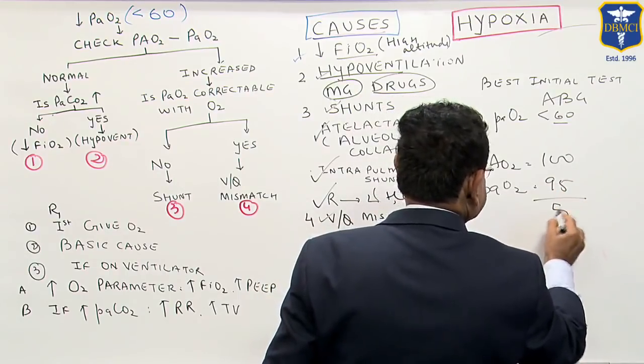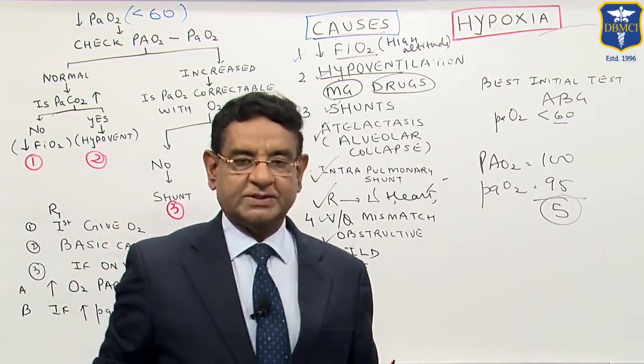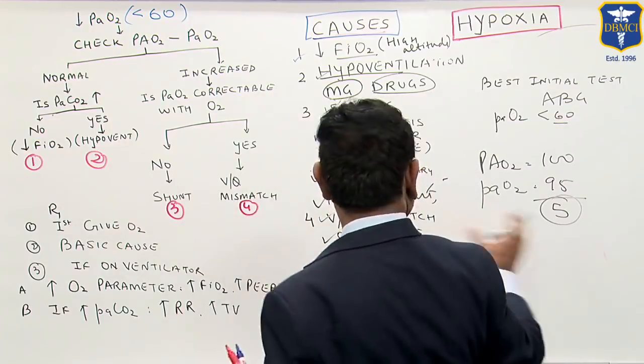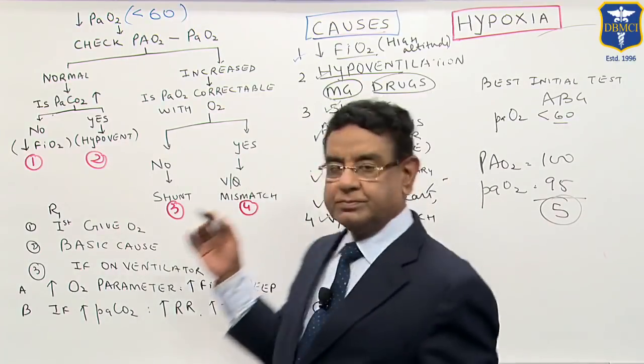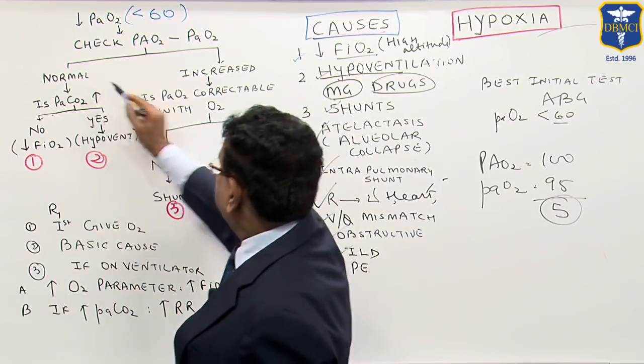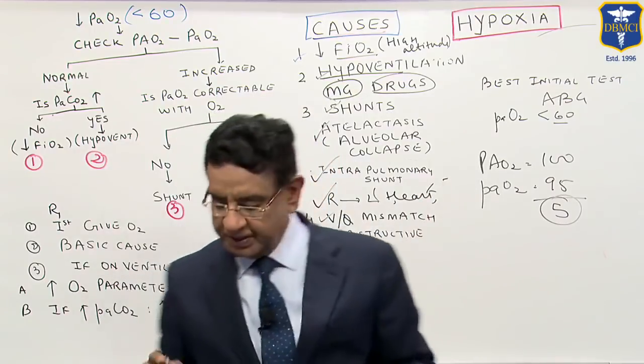The gradient is 5 millimeter of mercury in a normal person. So then we check the gradient. Is it normal or increased?